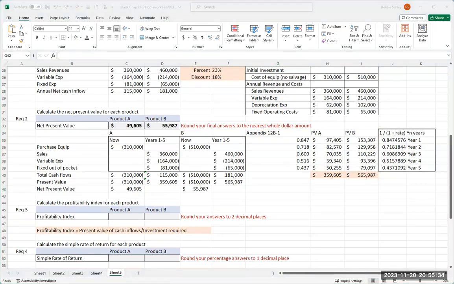Okay, profitability index. You'll recall profitability index is the present value of cash inflows divided by the investment required.